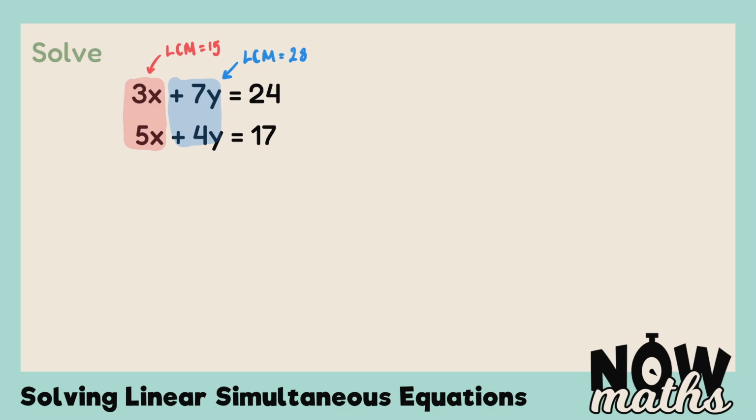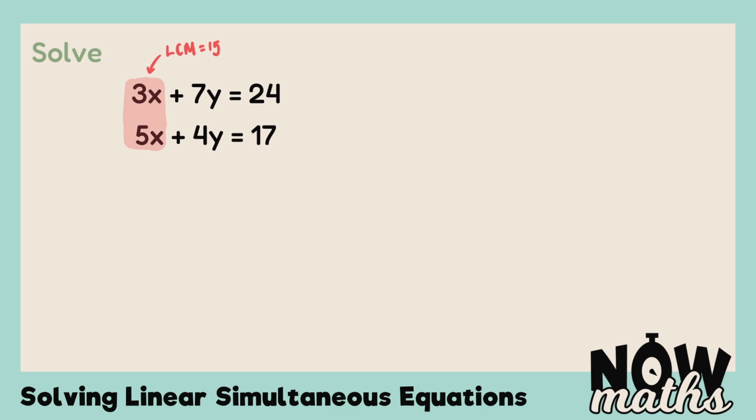Out of the two, 15 is lower, so I'm going to choose to make the x coefficients both into 15. We could make the y coefficients both into 28, but usually I would choose the lower of the two numbers to minimise our chances of making a mistake.